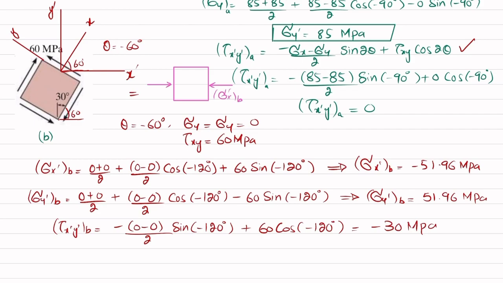And sigma y dash is 51.96, so it will be tensile. This is sigma y dash for this case B. And tau of x dash y dash is minus 30, so it will be like this. Okay. Now you have both the cases. This is tau of x dash y dash for case B.